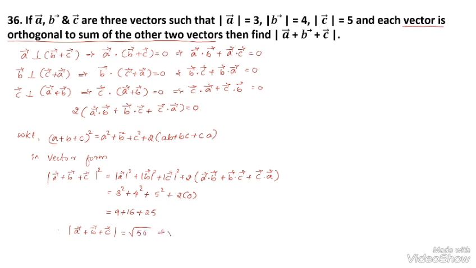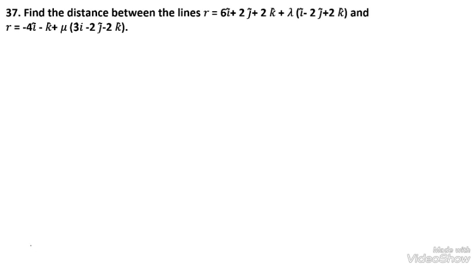Again, 50 can be written as 25 into 2, that is 5 root 2. Therefore, magnitude of vector A plus vector B plus vector C is 5 root 2. This is the solution. Let's move on to question number 37.